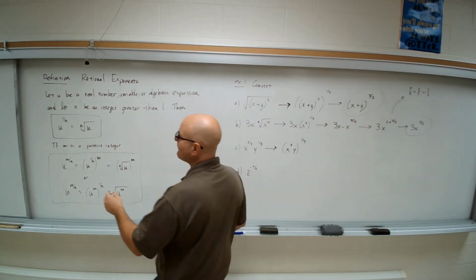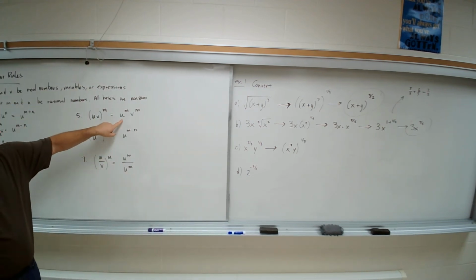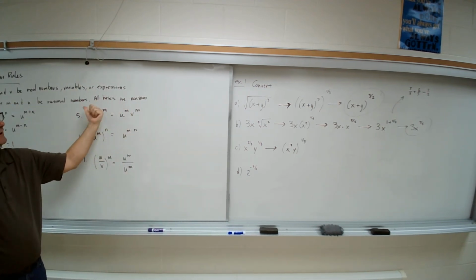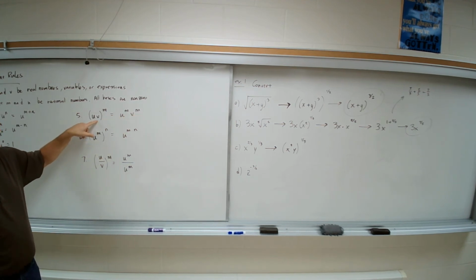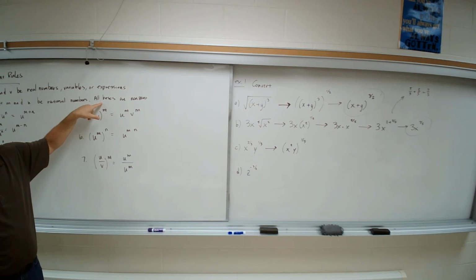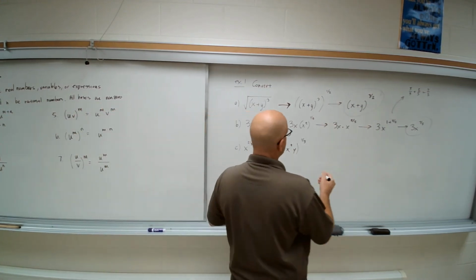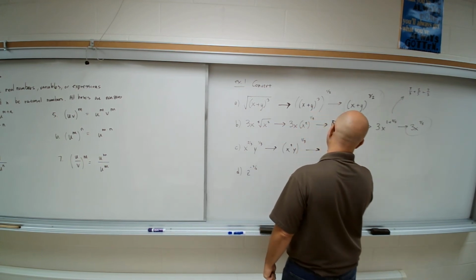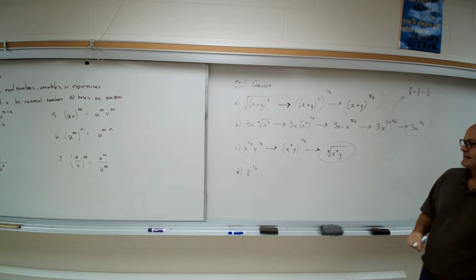We're using our property here that we had, if you have u to the m and v to the m, you can write it as u times v to the m, is what we're doing there. And then we know that a 1/3 power is a cube root, so the cube root of x squared y would be, I think, a very acceptable answer there.